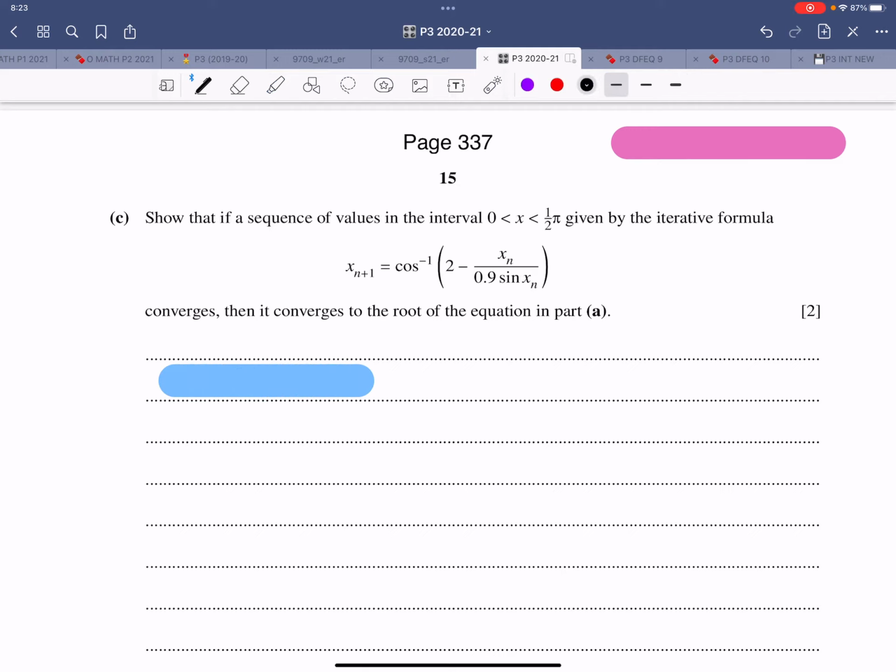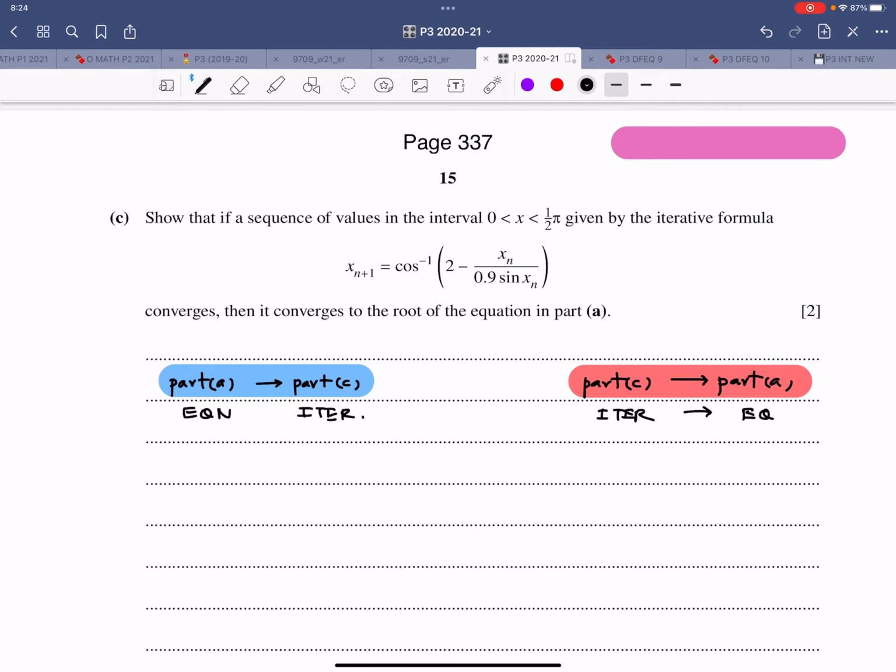Show that if the sequence of values given in the interval is given by the iterative formula, then it converges to the root of the equation in part A. So basically, either take part A and show it equal to part C, or the other option is take the part C thing and make it equal to part A. Part A is the equation, part C is the iterative formula. Got the idea? Make it equal to the equation.